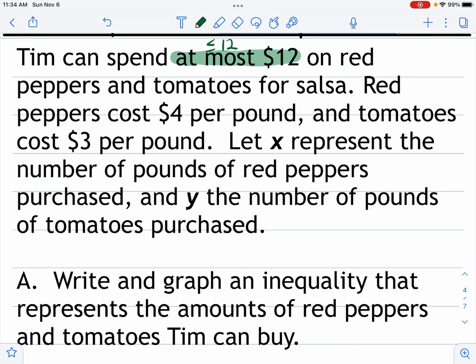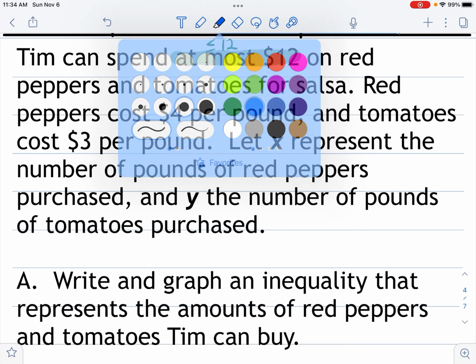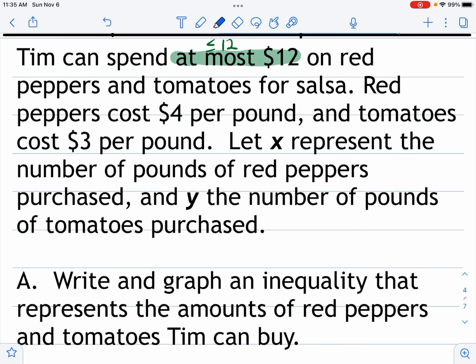It says red peppers cost $4 per pound. If X is pounds of red peppers, then we need to make sure we have 4 times X in our inequality.